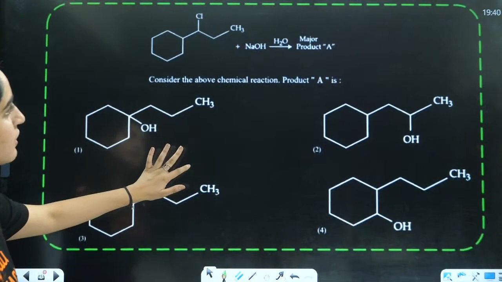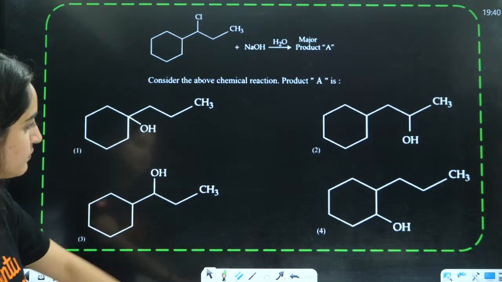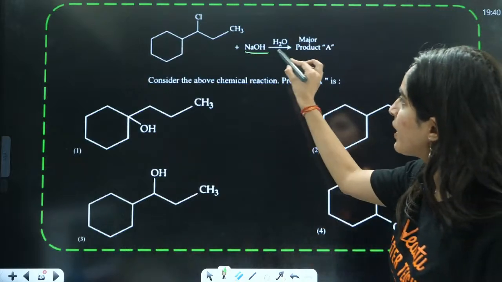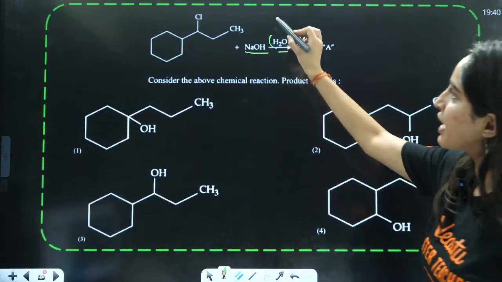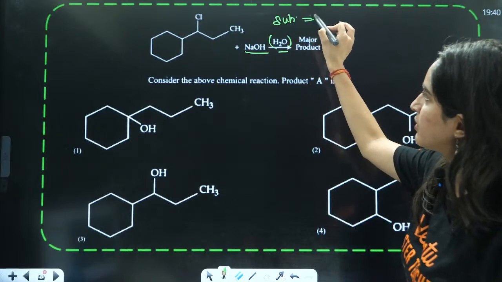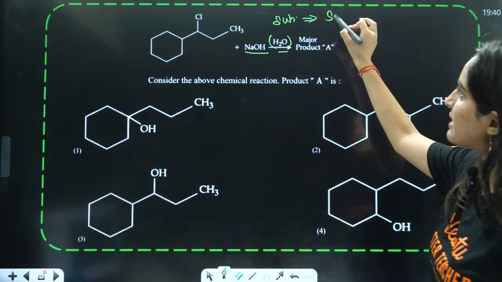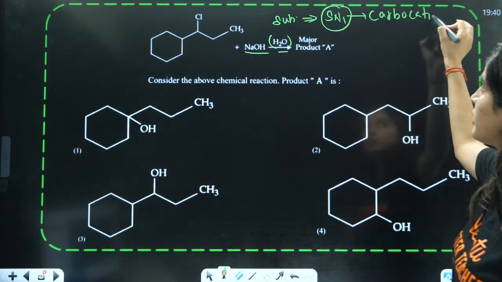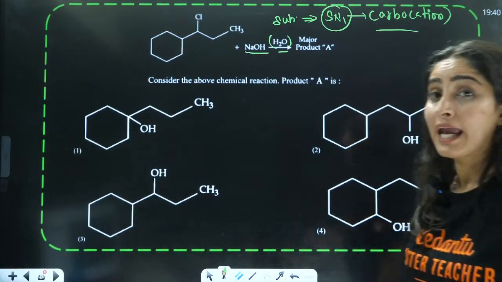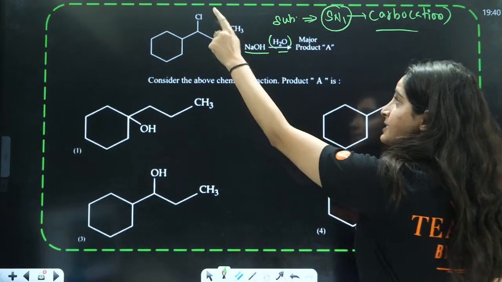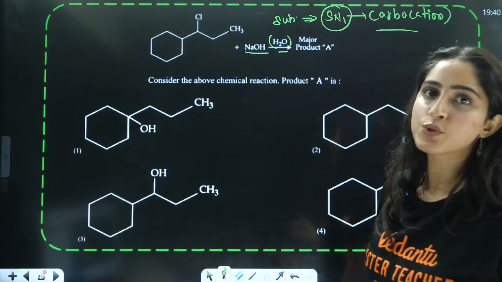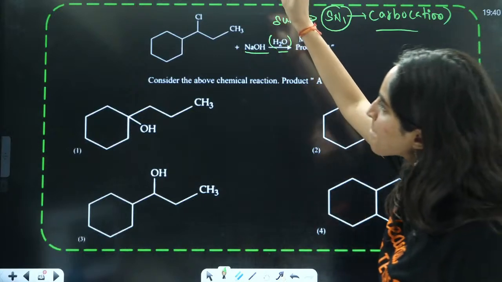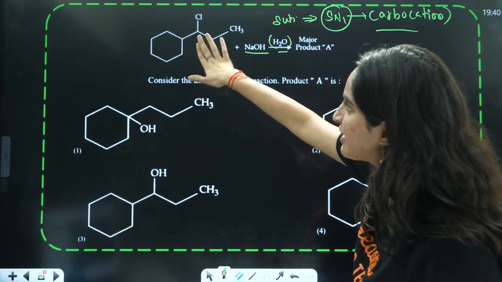Okay, guys. Now, you have this reactant, it reacts with aqueous NaOH. Aqueous NaOH means substitution reaction, and it usually occurs by SN1 mechanism with the formation of carbocation. If the reactant is a primary halide, then this will take place by SN2 mechanism. But here it is not a primary halide, it is a secondary halide.